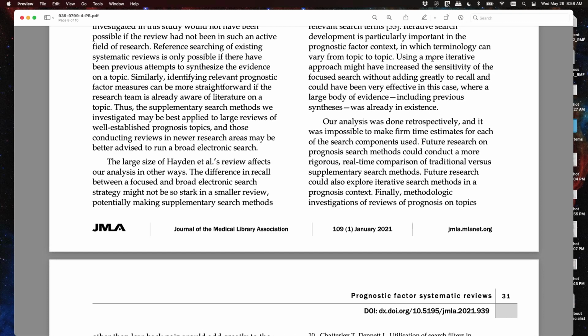And maybe also the question on how much of the supplementary search methods should be conducted by the information specialists versus by the team themselves.